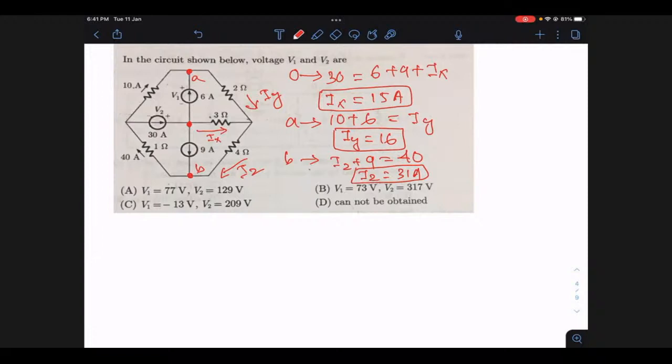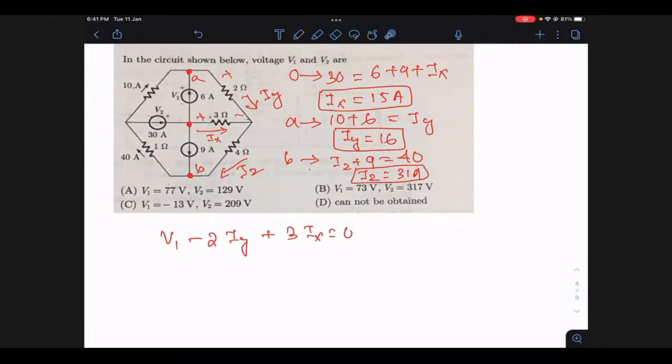Once you have these currents, how do you get V1? If you write a KVL equation at this particular mesh, you will get it in terms of V1. So V1 minus 2IY plus 3IX is equal to 0. Wherever the current is entering, it is plus to minus.